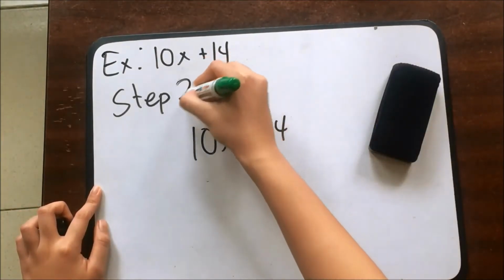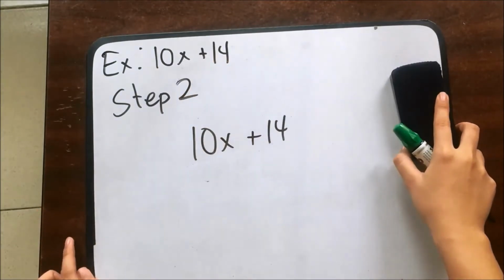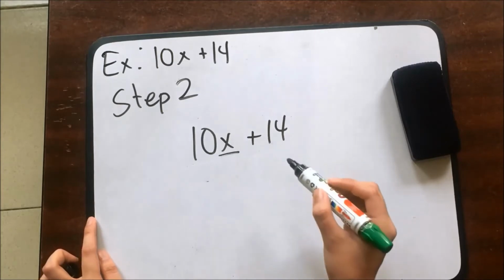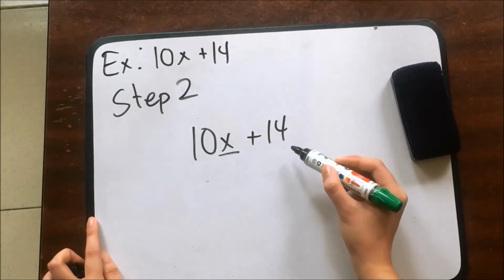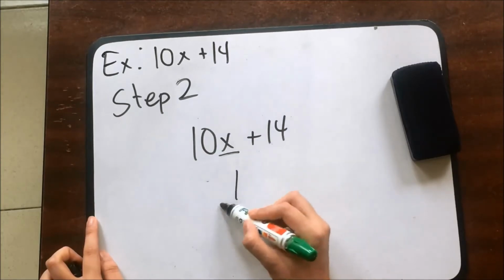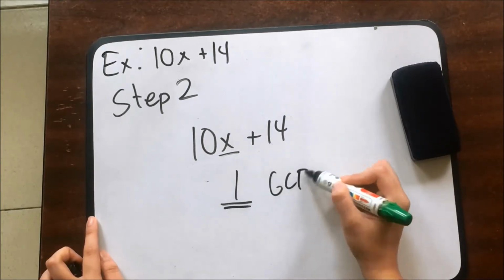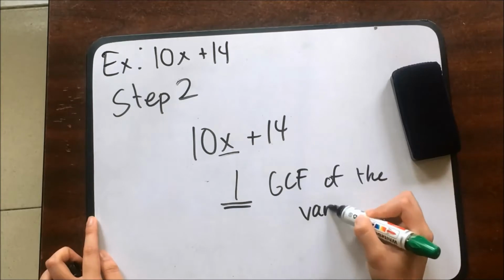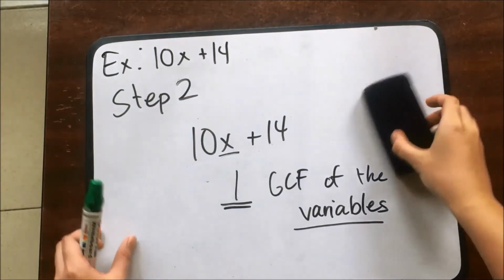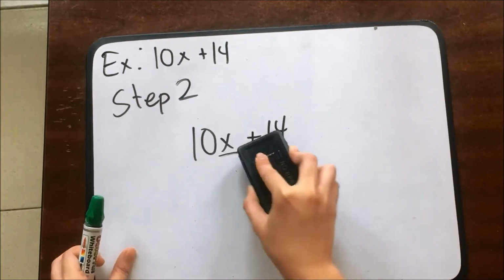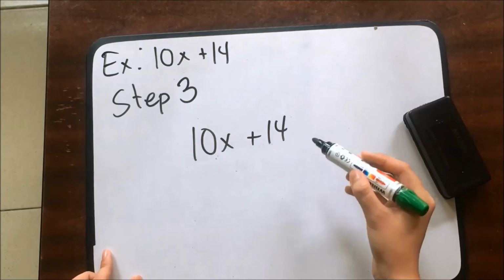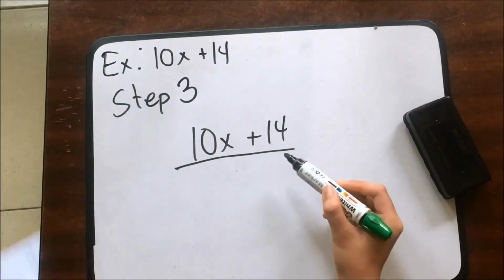Step number 2. So for step number 2, we will find the GCF of the variables. So x is our variable. And since 14 doesn't have a variable, then the GCF of the variables is 1. Now, for step number 3, we will get the GCF of the whole polynomial.